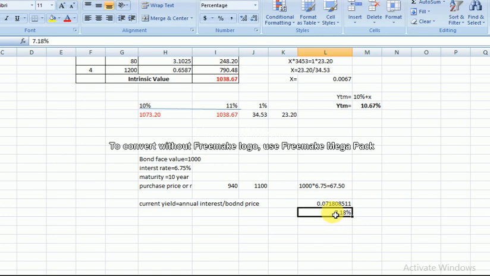Now this yield return, if we compare it with the coupon return, which is 6.75, our yield return is now 7.18.